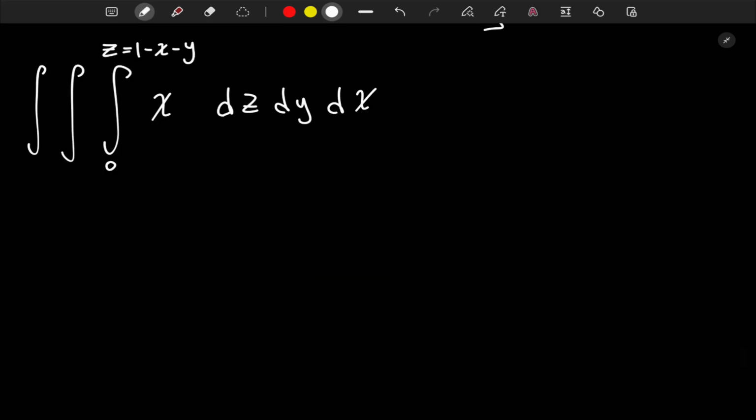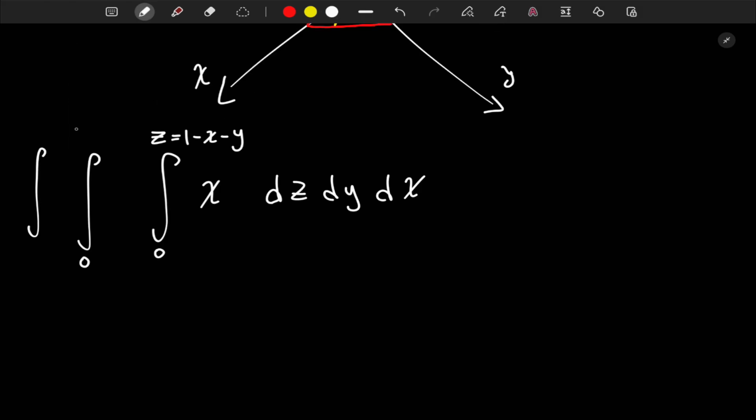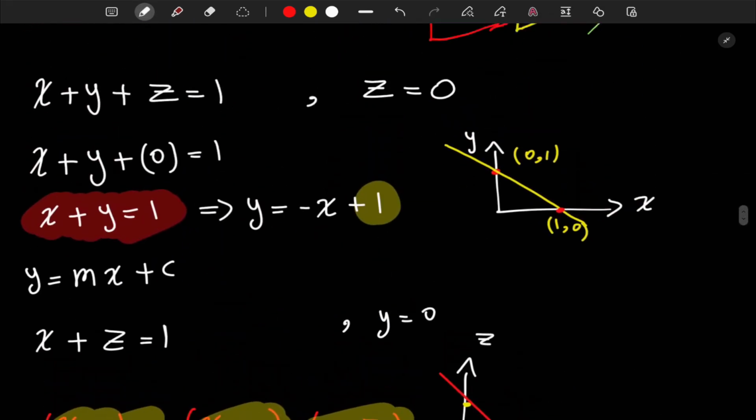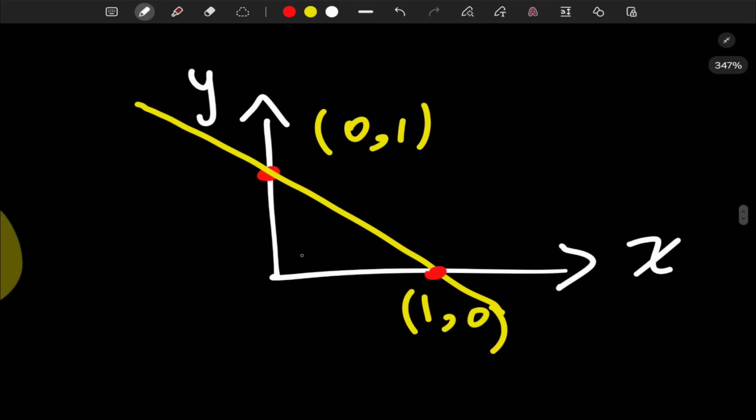Now let's do the limits for dy, which is y ranges from 0 to minus x plus 1, as we saw in the drawing. And x ranges from 0 to 1, as this drawing demonstrates. x ranges from 0 to 1, and y ranges from 0 to this line right here.